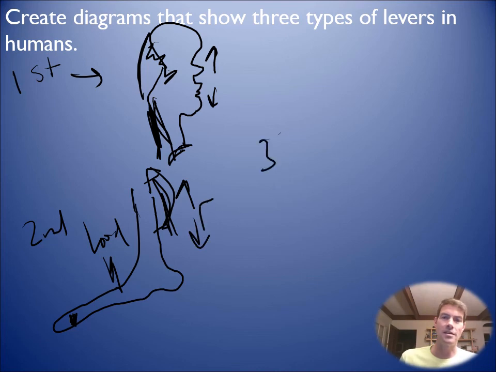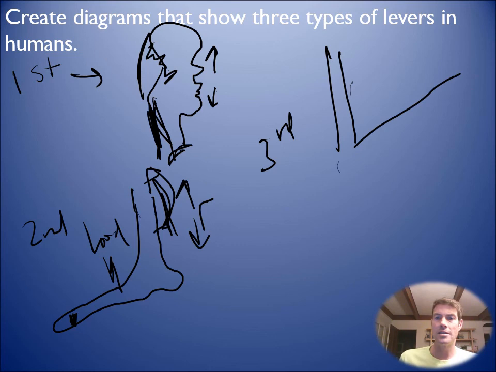That's your second class. And third class, that would be your bicep, where you have your humerus, your radius and ulna, your hand. What would be fun to put in there? Oh, I know. You got your phone.